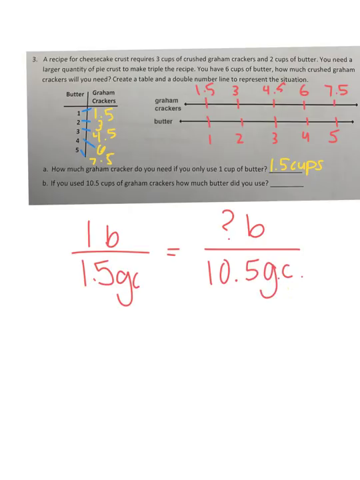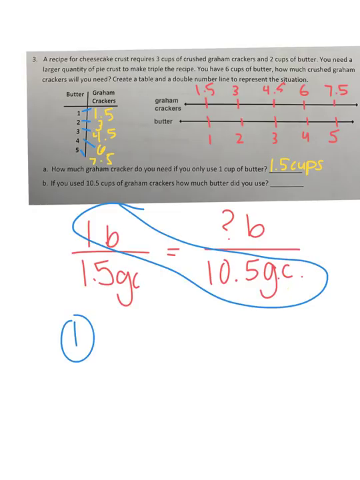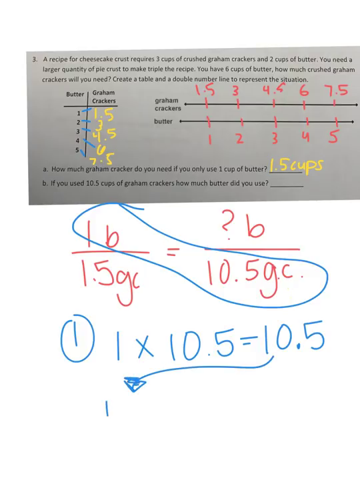So remember, solving proportions, you take the 2 cross numbers that you have as your first step. So 1 times 10.5 is just 10.5. Then you take your answer, 10.5, as step 2, and divide by your leftover number. So we haven't touched 1.5.